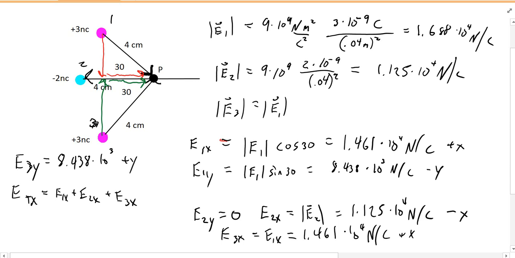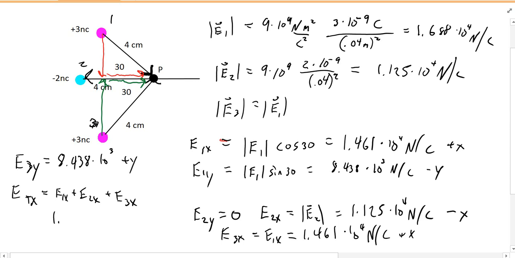Well, E1x and E3x are the same. They're 1.461 times 10 to the 4.